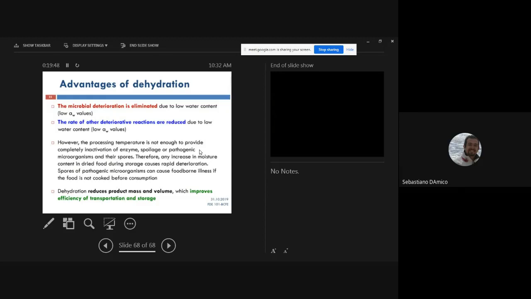Therefore, any increase in moisture content in dried food during storage causes rapid deterioration. That's why quite often we see "keep this in a dry place, not humid", because that increase of moisture can spoil everything and favor the proliferation of these microorganisms.